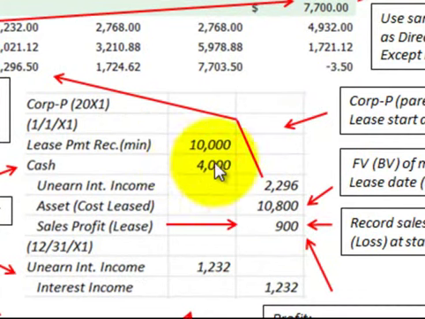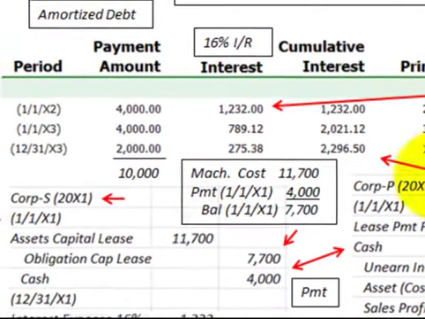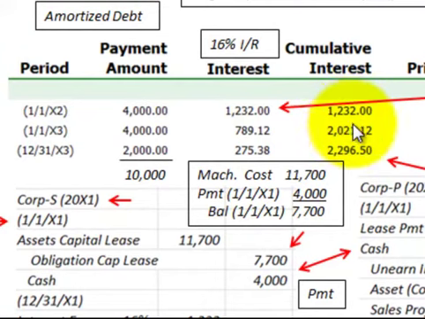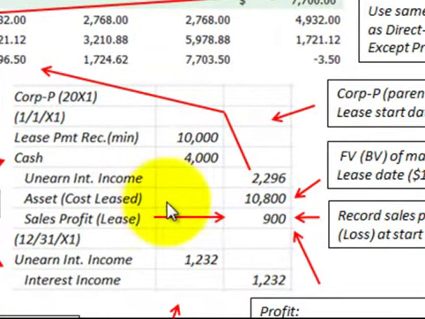Then they received a cash payment from the subsidiary of $4,000, and those would be debited. Then we have unearned interest income for a credit amount of $2,296. If we go up to our amortization debt schedule, that's the total interest that they'd be receiving on this lease.